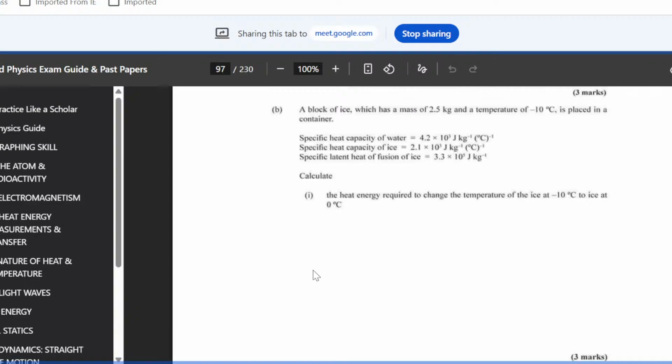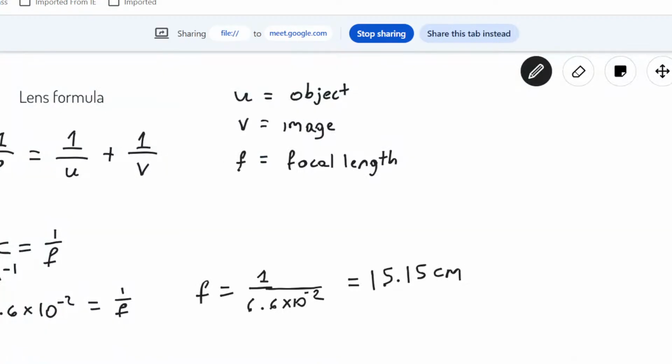And the delta T here is, so what's T final? If we're calculating delta T, it is T final minus T initial, right? So what's T final?